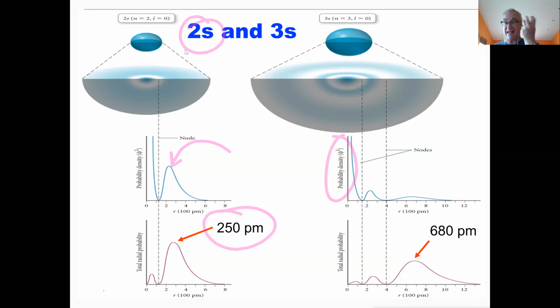And then in order to figure out the actual density, we solve for that equation and we get this line down here. So there's some small probability that it's in the first level. There's a slightly higher probability it's in the second, but the highest probability is it's in the third. And that distance corresponds exactly to what Bohr said it was going to be.